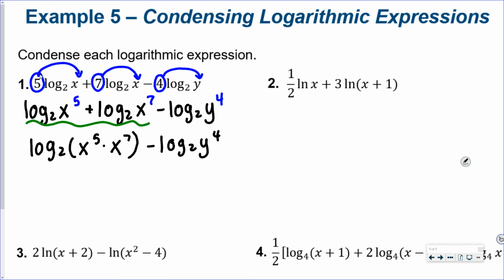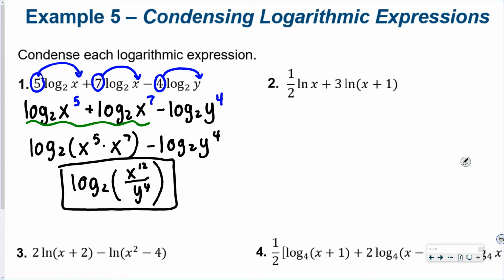All right, now I have it condensed down to 2. So finally, we can do this in one step, condense it down to 1. So obviously x to the 5th times x to the 7th, add the powers, we have x to the 12th. And since I'm subtracting that log base 2 by the 4th, I would divide. And that would be my final answer.